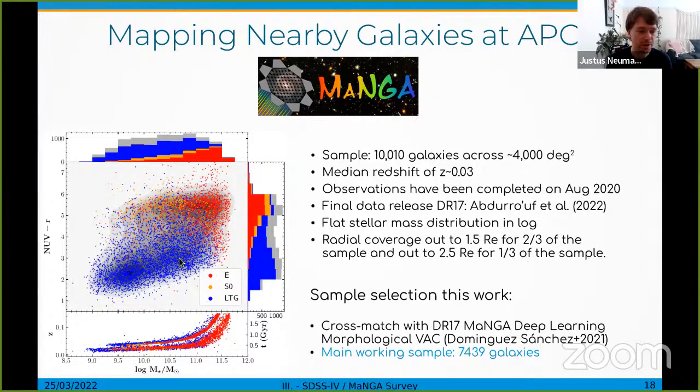On the left, I show you a magnitude-mass, a color-mass diagram. For the work that I did, I cross-matched the sample with the DR17 MaNGA Deep Learning Morphological Catalogue from Dominguez Sanchez et al. to have a classification into ellipticals, S0 galaxies, and late-type galaxies. So the main working sample that I will be using is a sample of over 7,000 galaxies.